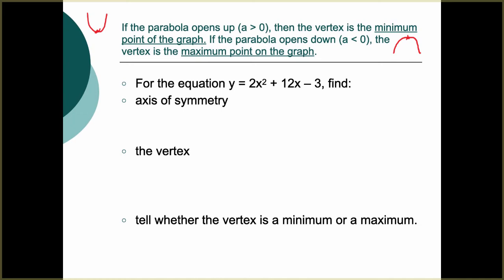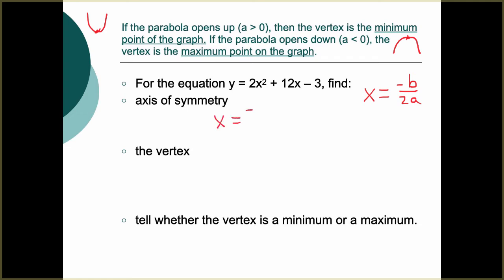So here it says for the equation y equals 2x squared plus 12x minus 3, find the axis of symmetry, then find the vertex, and then state whether we have a minimum or a maximum. So first, the axis of symmetry. Remember, that is the equation x equals the opposite of b over 2a. Here we have our b is 12.